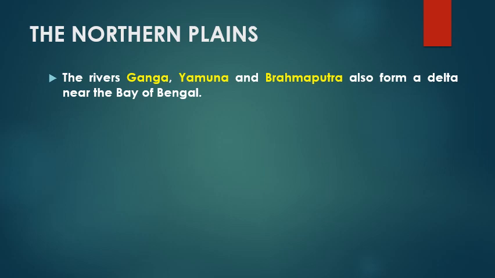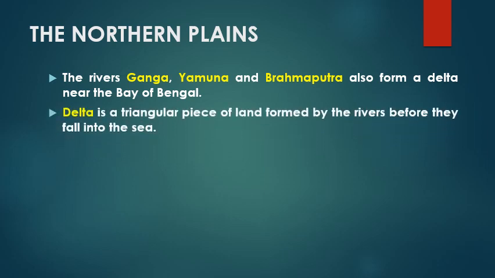Now the rivers Ganga, Yamuna and Brahmaputra also form a delta near the Bay of Bengal. You must be wondering, what is a delta? A delta is a triangular piece of land formed by the rivers before they fall into the sea.